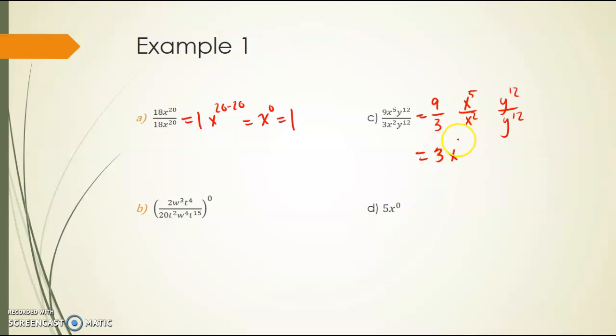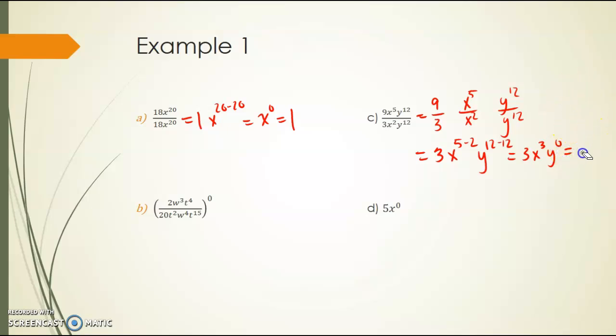The second one is going to be x to the 5 minus 2. And the third one is going to be y to the 12 minus 12. So we end up with 3x cubed y to the 0. But y to the 0 is 1. So our answer is 3.